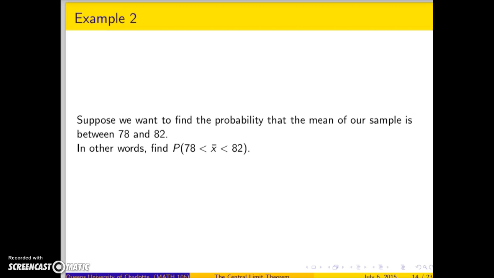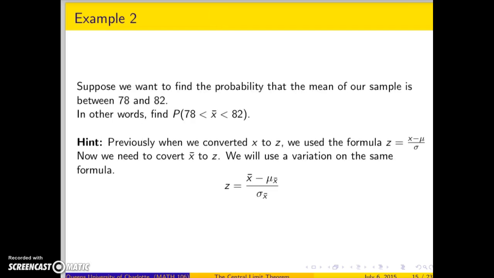Now, if we wanted to find the probability that the mean of the sample of 20 that we took is between 78 degrees and 82 degrees, in other words, the probability that 78 is less than X bar is less than 82, we need to recall from the last lesson that we need to convert x's to z's.